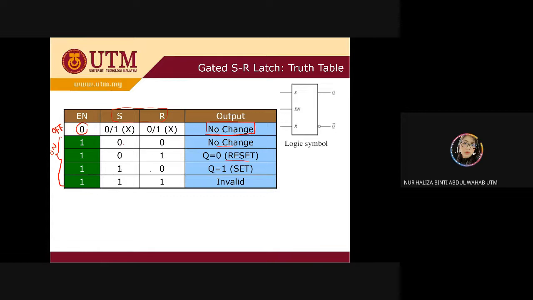If you have 1, 0, it's going to be set. 1, 1 is invalid. So this is totally similar to your previous truth table and conditions for your SR latch, with the enabling of your EN gate.